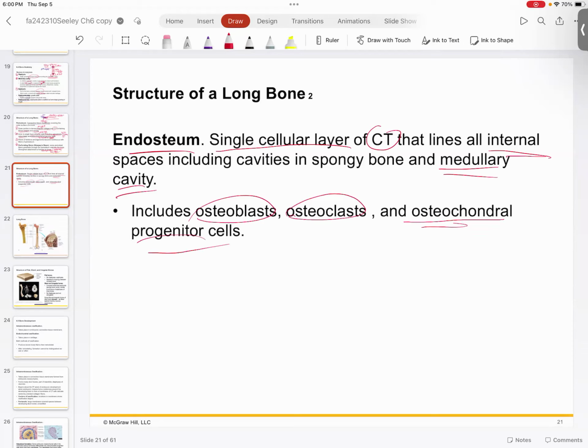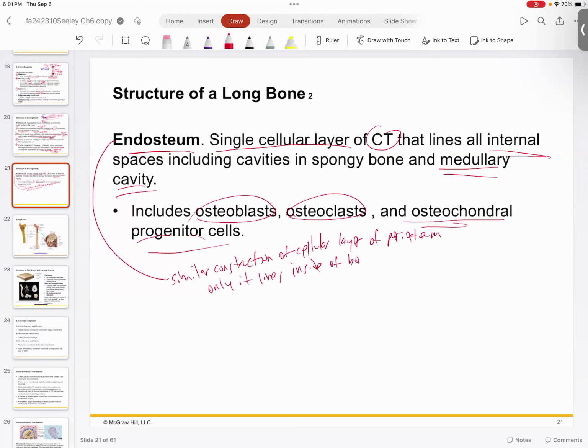So the same basic construction as the cellular layer of the periosteum, only this is on the inside of the bone.